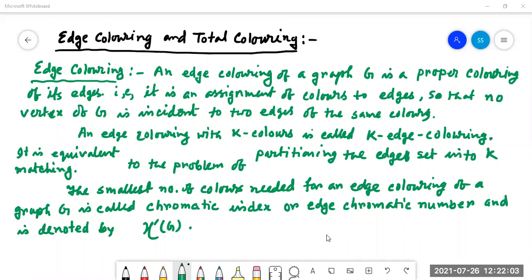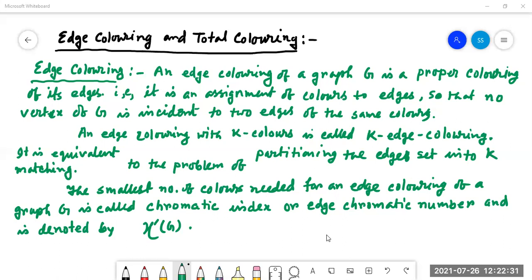That is, it is an assignment of colors to edges so that no vertex of G is incident to two edges of the same color. An edge coloring with K colors is called a K-edge-coloring. It is equivalent to the problem of partitioning the edges into K matchings.